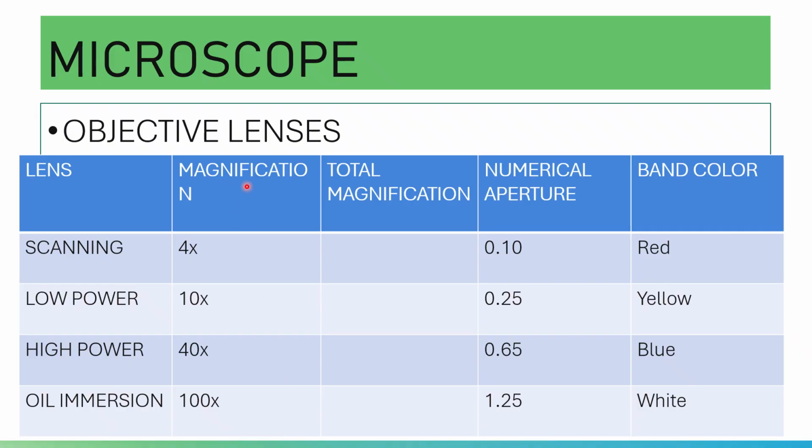You have the magnification, numerical aperture, and the band or ring color of each one. And as we said earlier, the eyepiece lens usually has 10 times magnification.